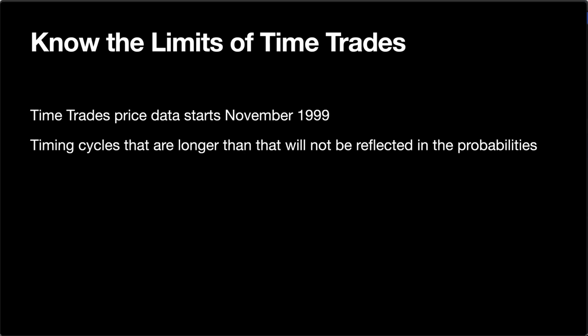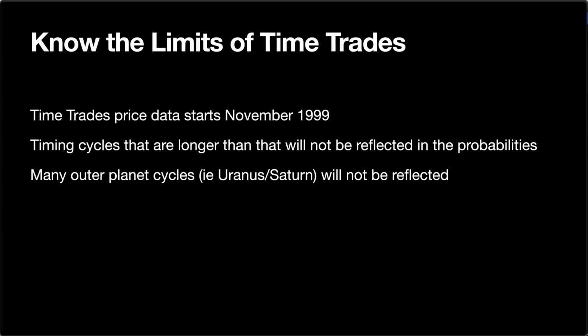It's important to understand that the Time Trades price data starts November 1999. This means that timing cycles that are longer than that will not be reflected in the probabilities. So things like many outer planet cycles, like Saturn and Uranus, will not be reflected in these probabilities.